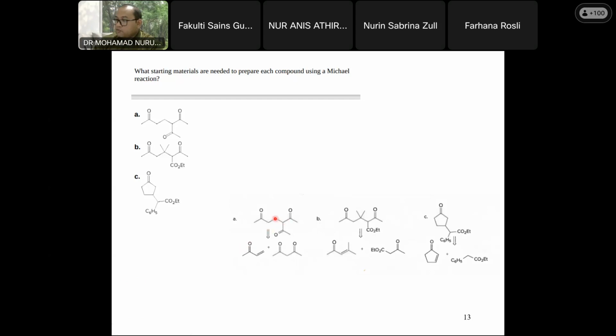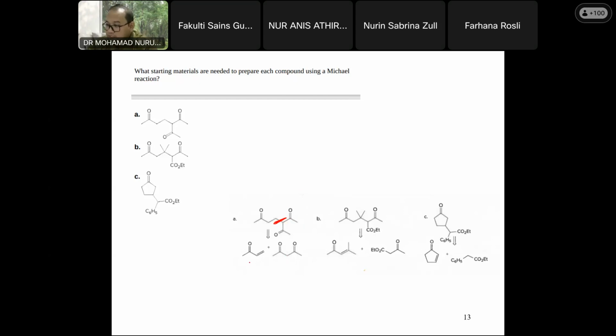Okay, for this one, if you are cleaving in this position, you can separate which one is the Michael acceptor and which one is the donor.